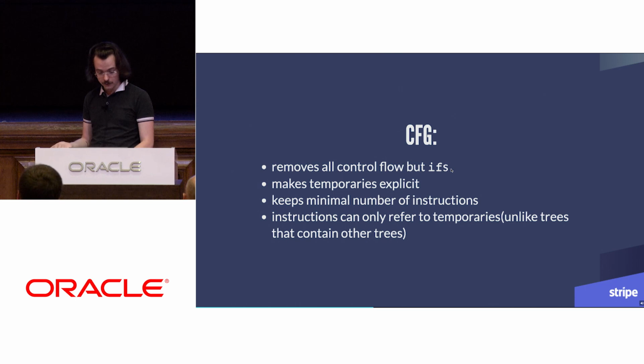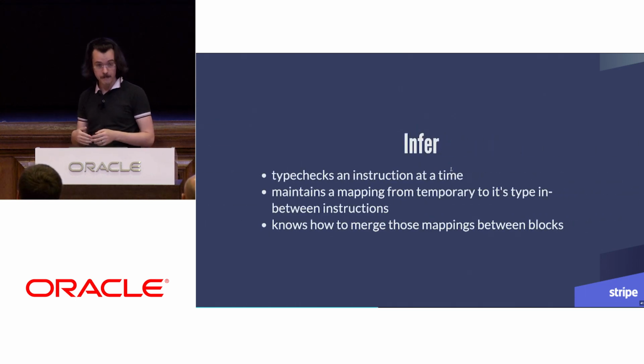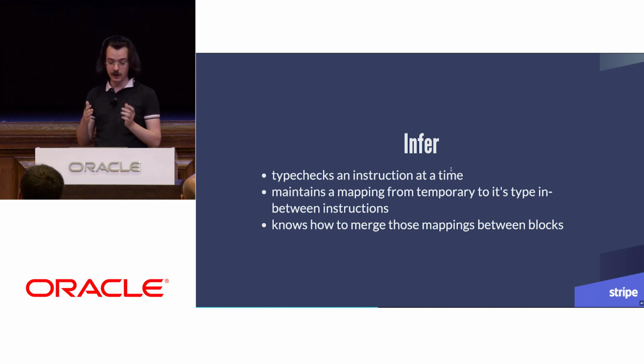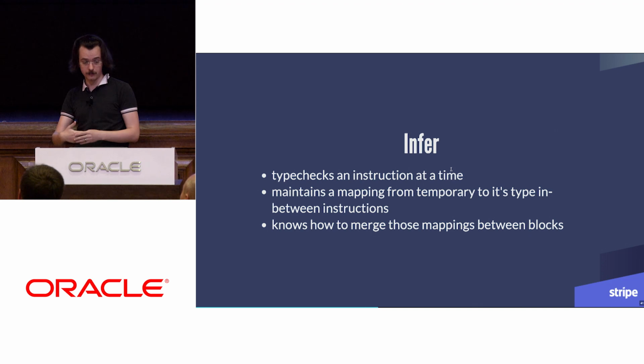So now after you've built this control flow graph, you're doing type inference. Type inference type checks an instruction at a time. It maintains a mapping from temporaries to its type between all the instructions. And when control flow joins, it needs to know how to merge various environments from different branches.